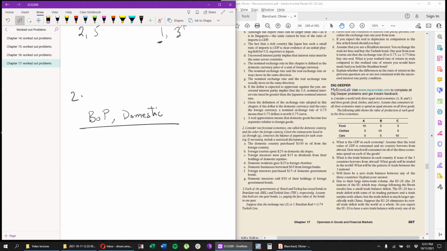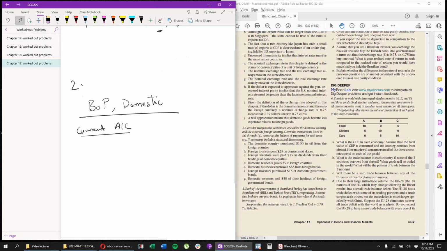Of course we start with the current account. In the current account we have export, we have import, and from there we're going to get trade balance.